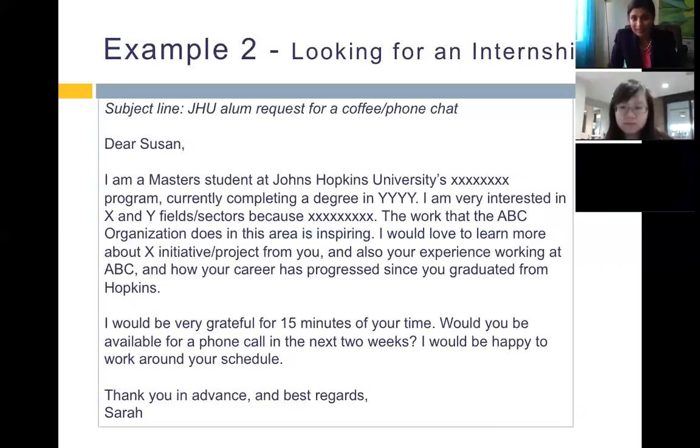That's normal. They're not going to wonder who this strange person is. It is a completely accepted, normal practice to get emails from students of the school you went to. But make sure you put in the subject line that you are a Hopkins student and that you're looking for an alumni conversation.